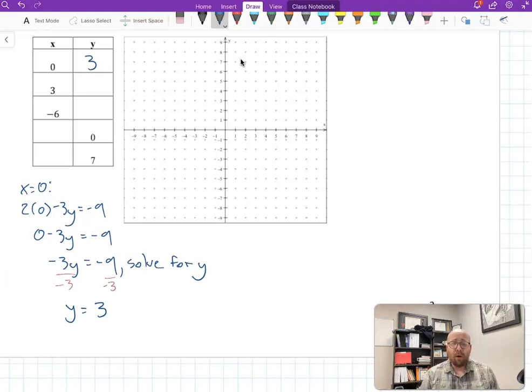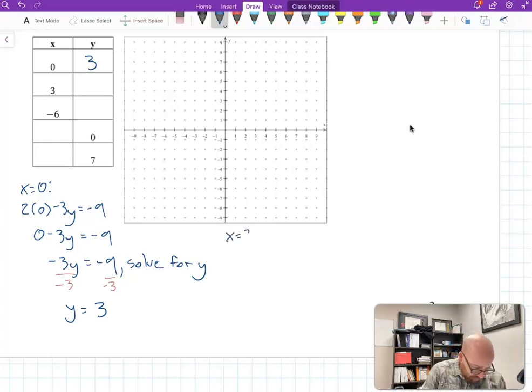Again, why don't you pause the video and see if you can complete the table for the values of x and y. Then we'll restart the video and see if we all arrive at the same solution. Okay, here we go.